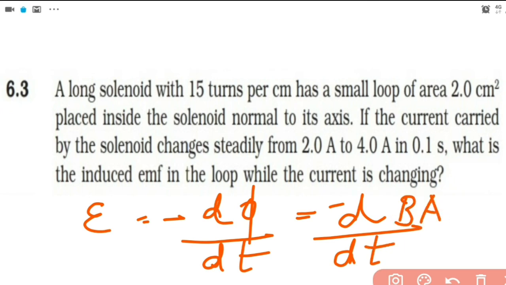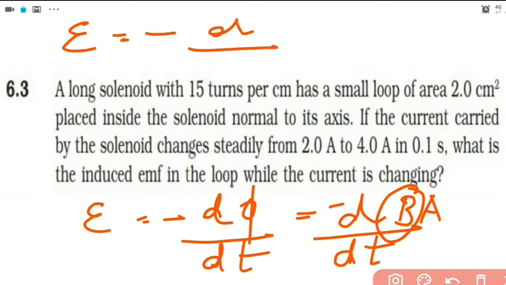Here the area of the loop remains constant, and what is changing is B. Now how does this B change? Because the current in the solenoid is changing. So we will substitute for B, since it is the magnetic field inside a solenoid. So our expression becomes epsilon is equal to minus d by dt of mu 0 Ni.